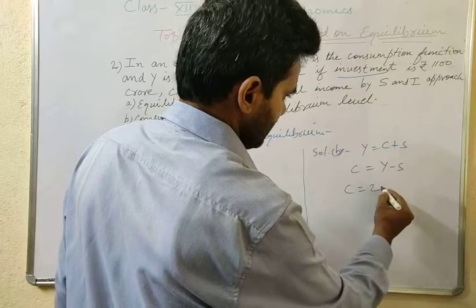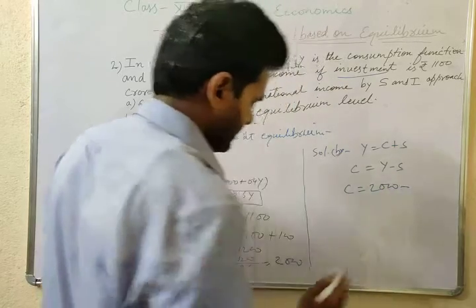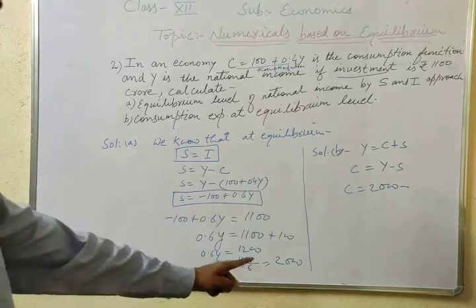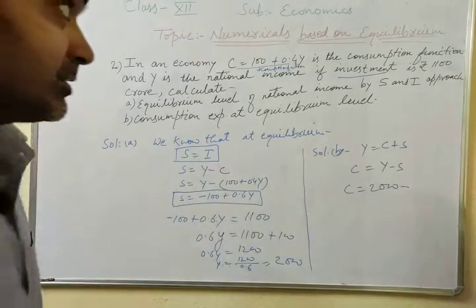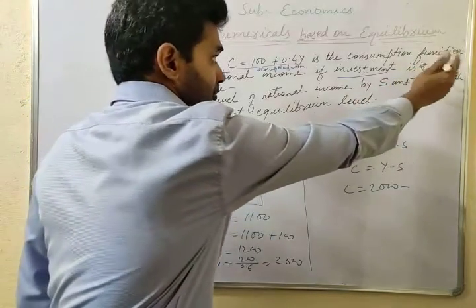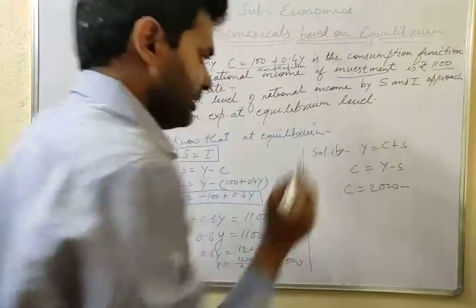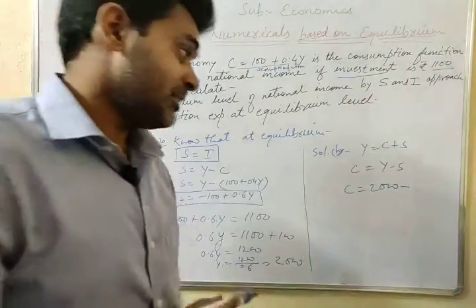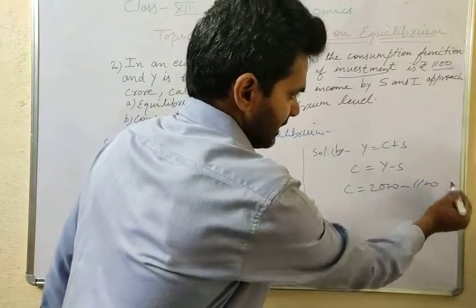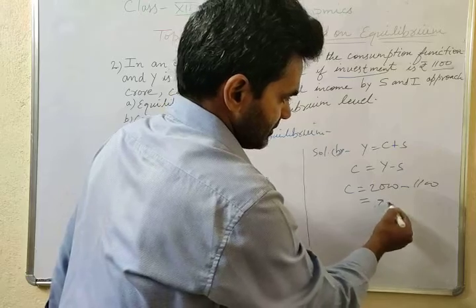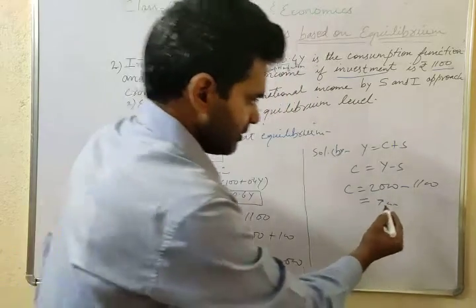So C will be 2000 minus saving, and we know that at equilibrium level saving is equal to investment. Investment is given as 1100, so saving will also be 1100. So C will be equal to 2000 minus 1100, which becomes 900 crores.